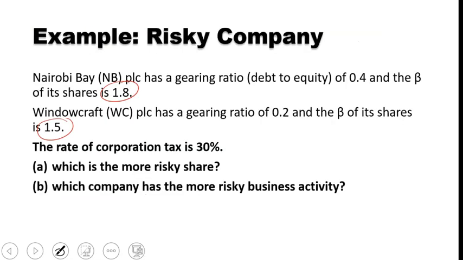I think we can start with the beta asset for Nairobi Bay NB PLC. Remember, beta asset is VE over VE plus VD (1 minus T) multiplied by BE, and we are given the beta equity, which is the beta of its shares.